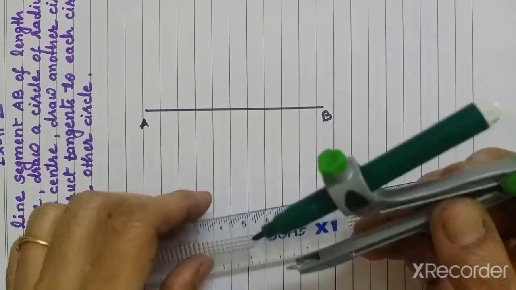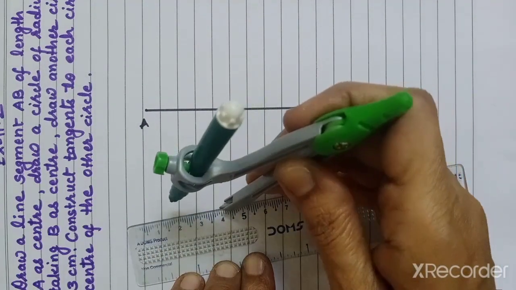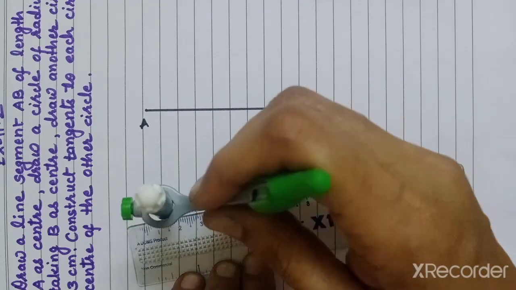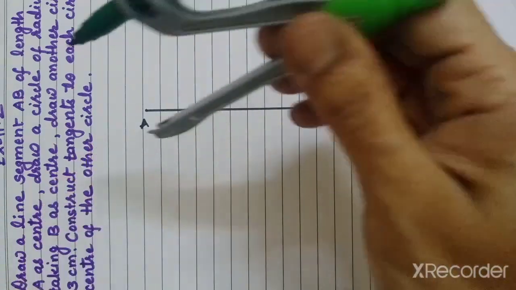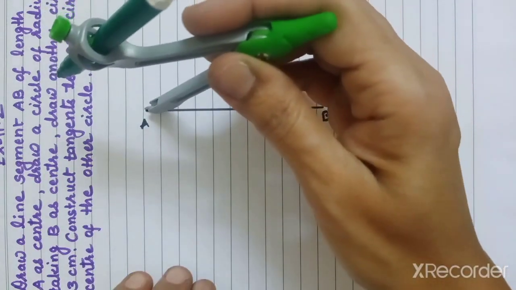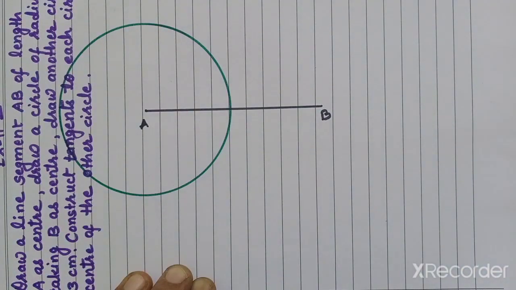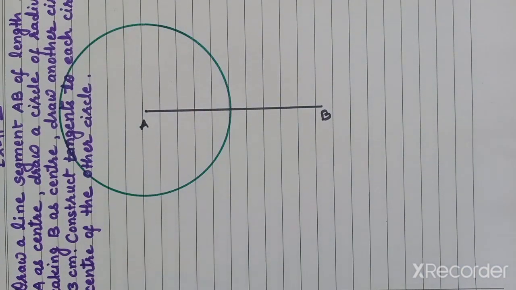So take radius 4 cm in the compass. With A as a center, it will go outside a little bit, doesn't matter. With A as a center, we have drawn a circle of radius 4 centimeter.